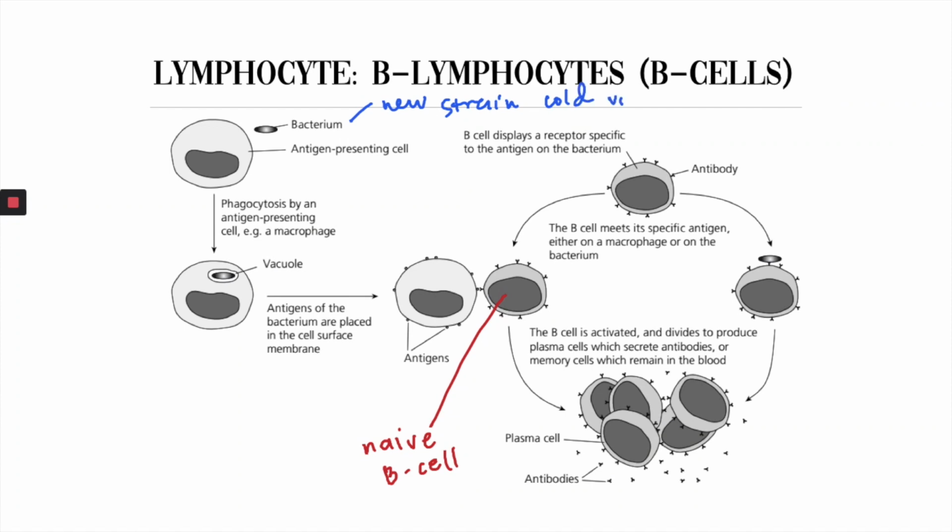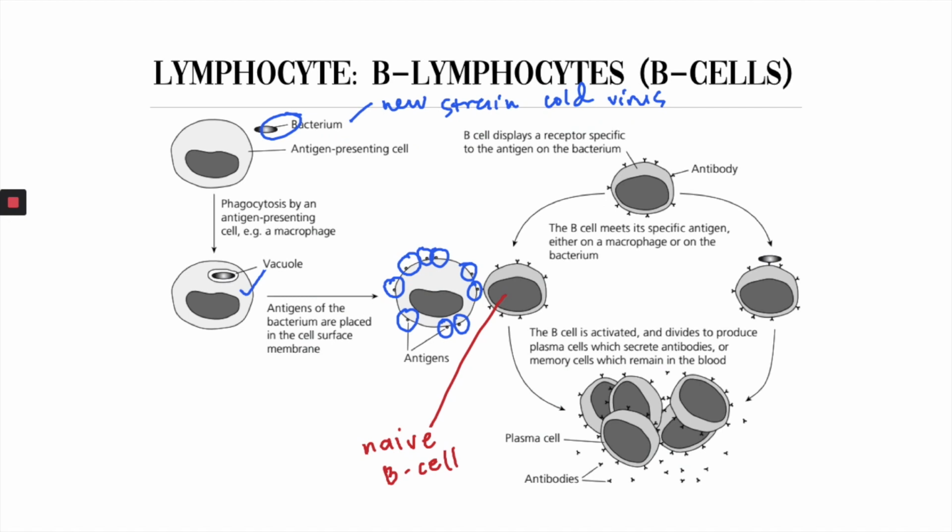Since this new cold virus is new to your body, there will be no recorded information. When it goes into your body, a macrophage, a dendritic cell, or another type of B cell will be processing it like this, and it will make sure that the antigens are displayed outside the cell.